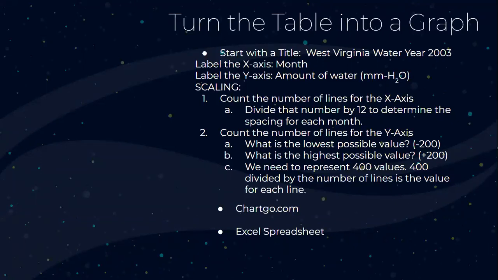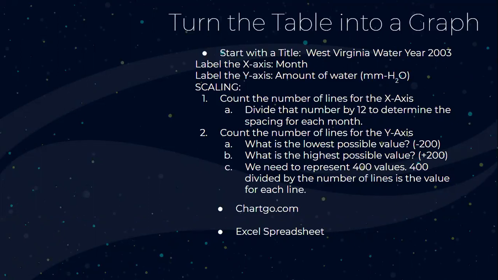And so count the number of lines that you have on your x-axis. And since we have 12 months, you need to divide that number of lines by 12 to determine the spacing for each month. So if it happens to be 3, that means every 3 lines, you're going to write the name of the next month. That'll keep it scaled appropriately and cover the entire breadth of the page.